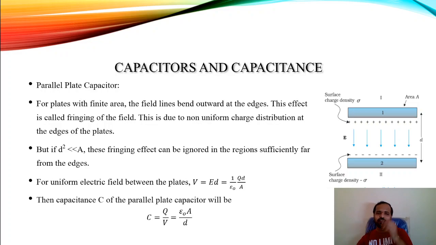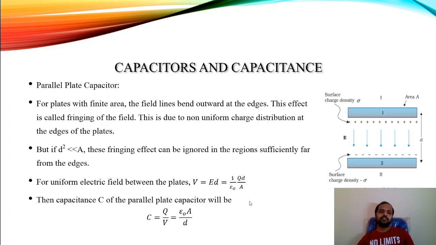On ignoring this, we can safely assume that the electric field in the region between the two plates is uniform, and the potential difference between the two plates can be given as E into d, that is, electric field multiplied by the distance of separation. This gives V equals 1 by epsilon naught into Q into d by A.